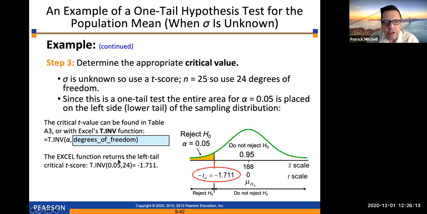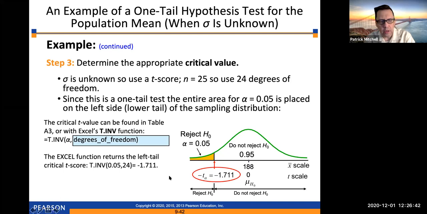The Excel function returns the left tail critical t-score, which is negative 1.711. So Excel gives you the negative value because that is the t-score that cuts off the bottom 5% of the distribution. In other words, for this particular t distribution with 24 degrees of freedom, that value is the 5th percentile.